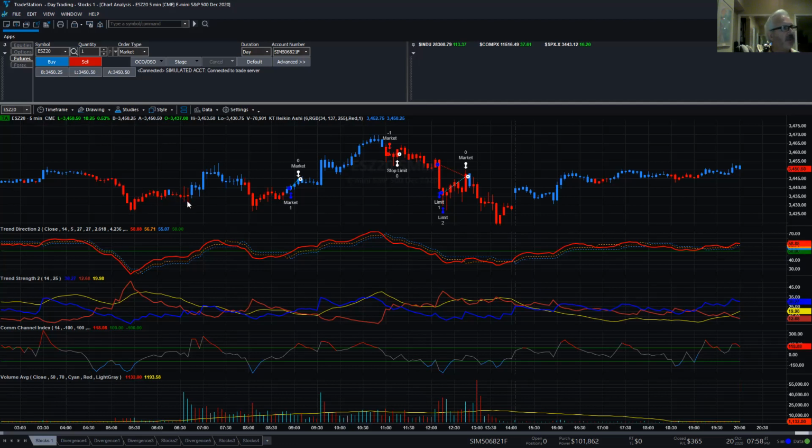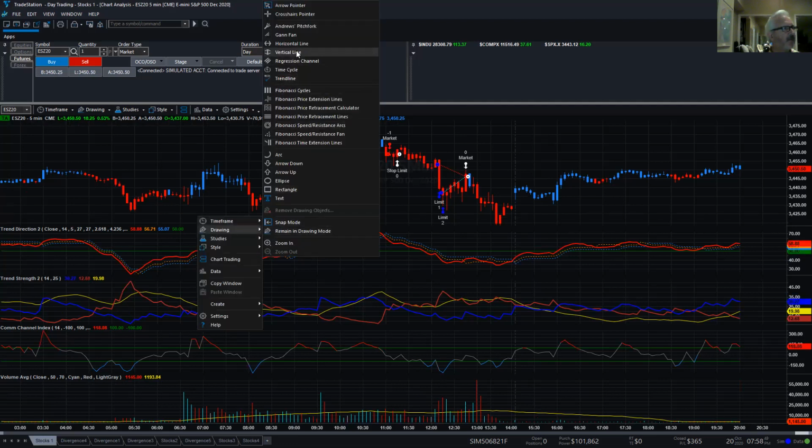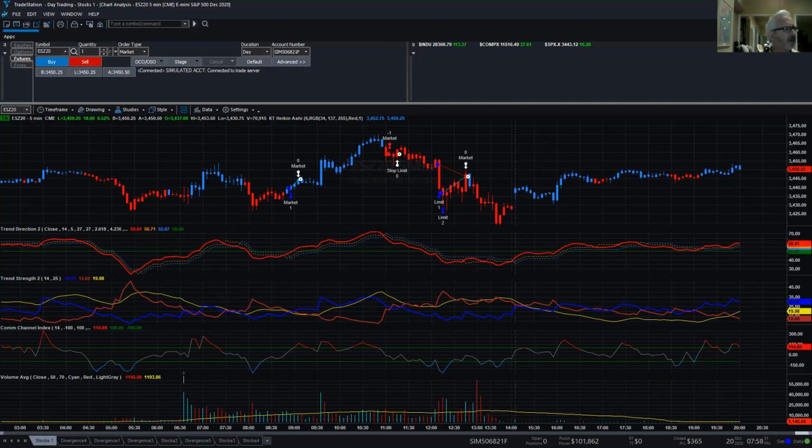Then it kind of comes off over here as the market opens right there. Okay, that's the market open. As soon as the market opens, it moves up, and look what we have here, it moves back down.